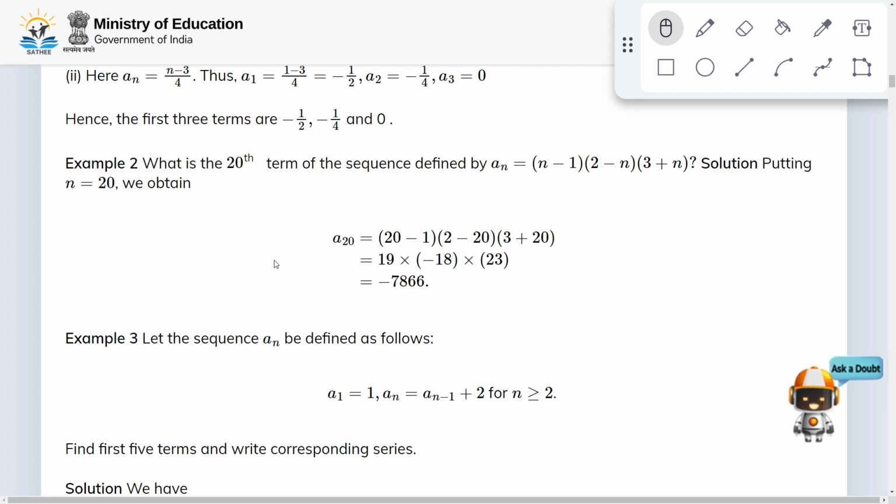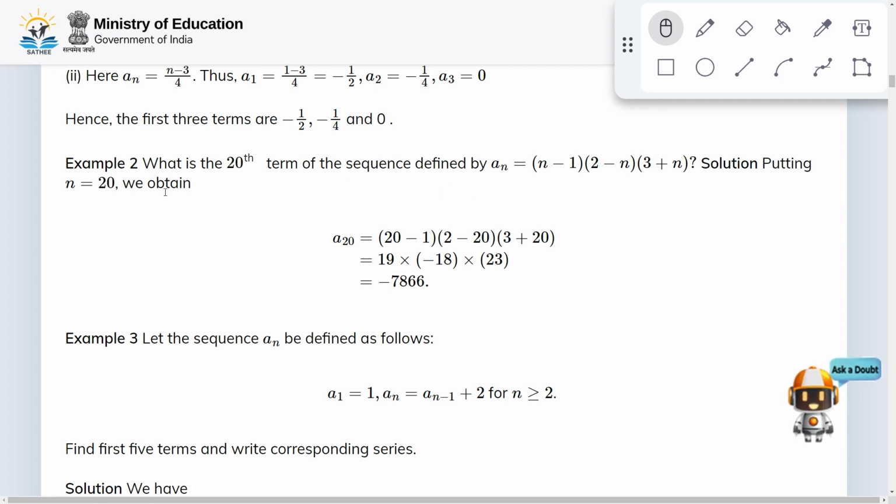Otherwise the nth term is already given to you. Mostly it is not given; the sequence terms are given, and you have to crack the pattern out of it and write out the general form. Mostly in exams this will happen, and the sequence you get will be following some kind of pattern.